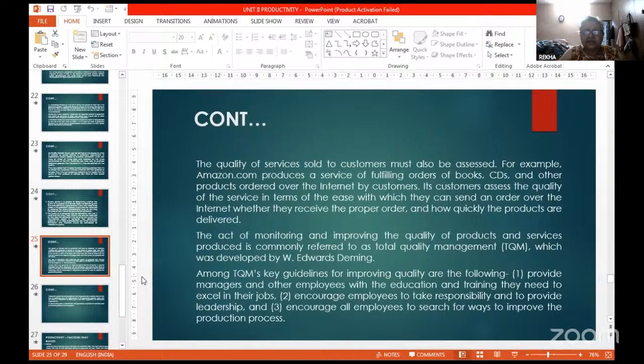Its customers assess the quality of the service in terms of the ease with which they can send an order over the internet, whether they receive the proper order, and how quickly the products are delivered. That is the quality, the time, all these things matter because they are looking at receiving their order in the minimum possible time.